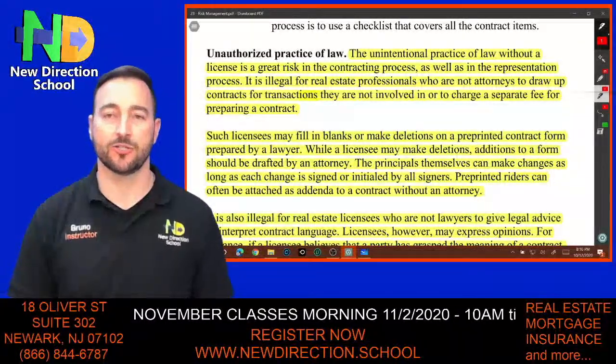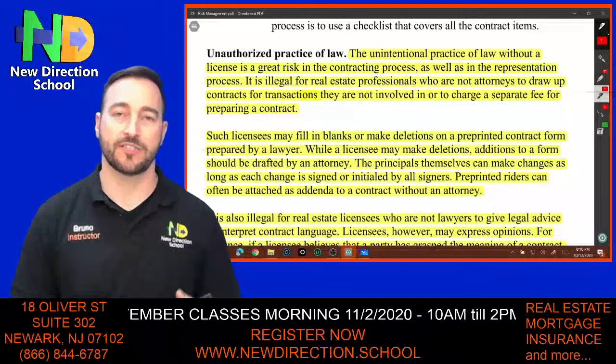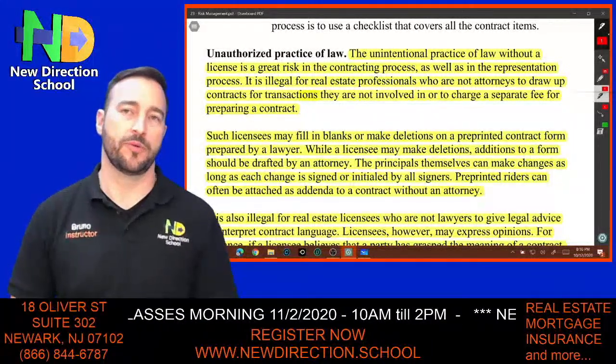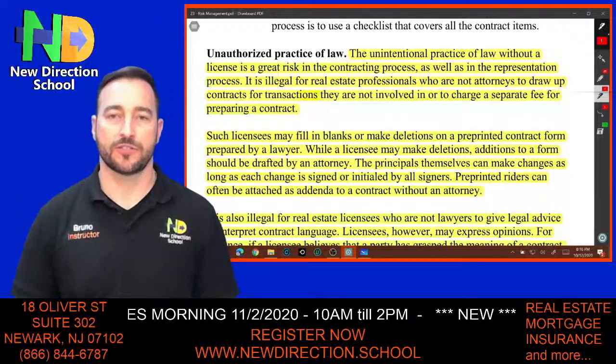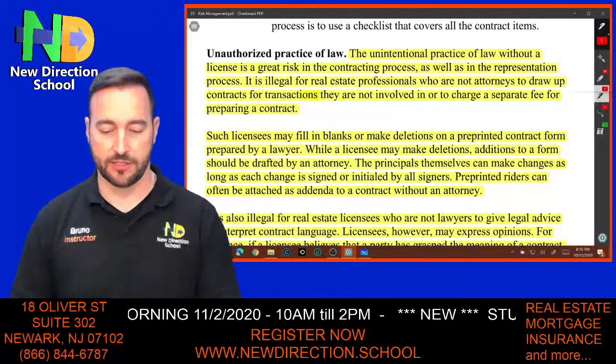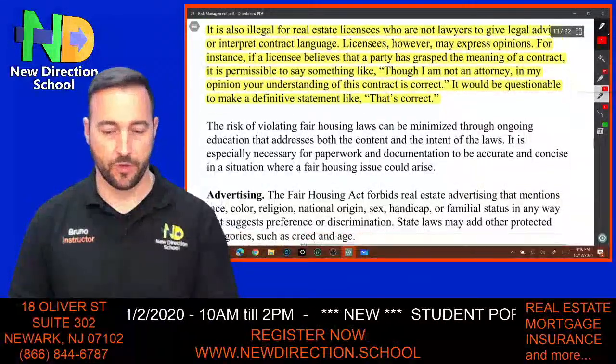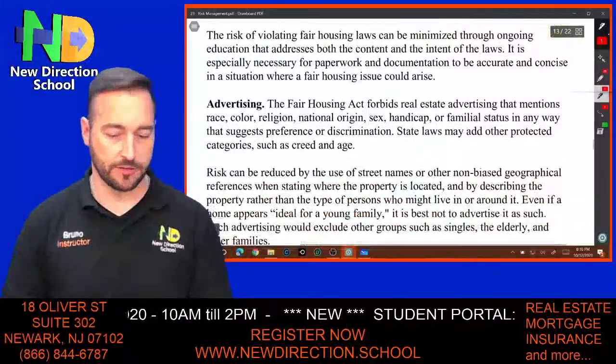Anything beyond that, attorneys prepare. What we prepare is LOIs or letters of intent. Okay? So you only prepare contracts according to your state's approval. You fill in the blanks, and that's it. Okay? You cannot make any statements about law either.